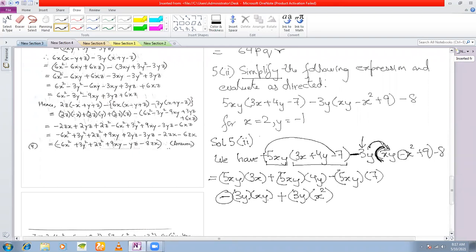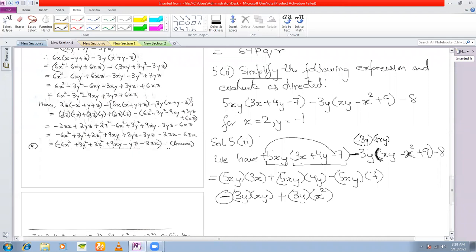Okay, you can either think of it in this manner, or what you can also think here is in this manner also. So you have a minus 3y, right? So minus 3y will first combine with plus xy, right?